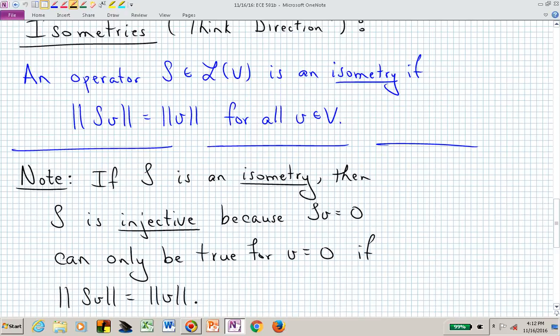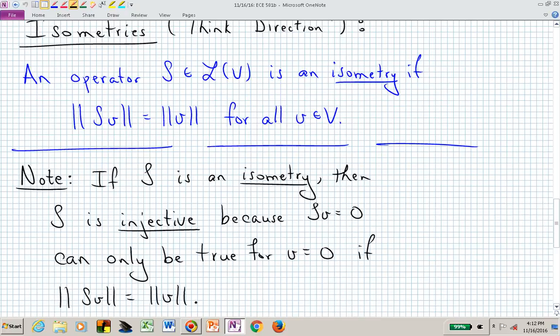There's the answer. And this I said verbally last time, I didn't write it down, but now I've written it down. If the norm of Sv is equal to the norm of v for all v, then if v is non-zero, we know that Sv has to be non-zero also, which means that we can't find a vector such that Sv maps us to the zero vector. If we could, then this wouldn't be true, would it?